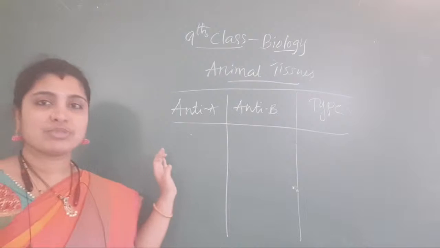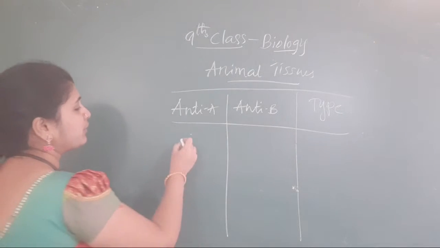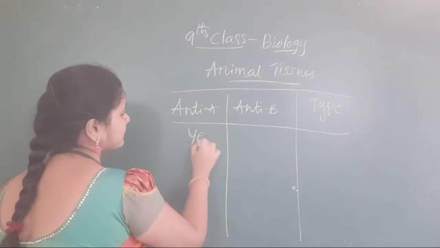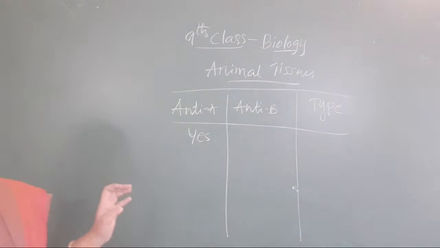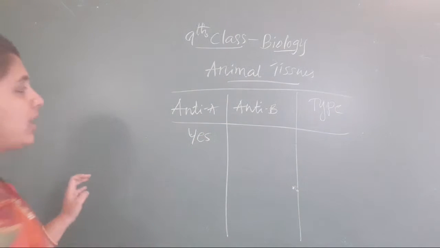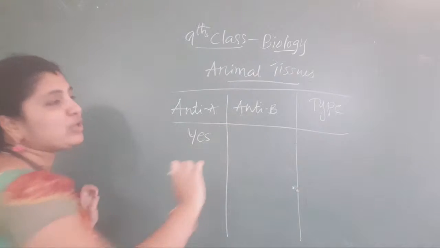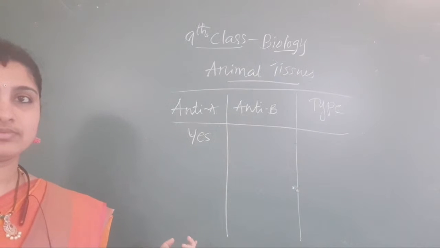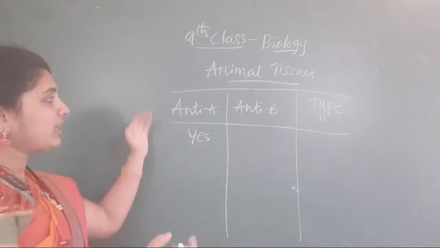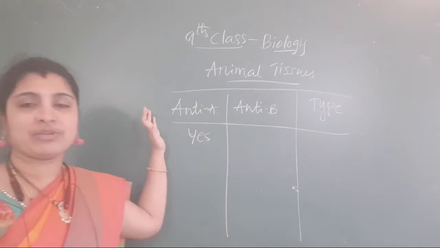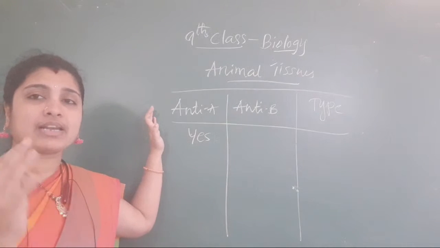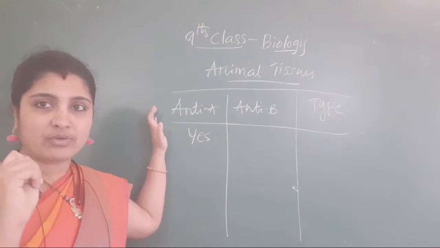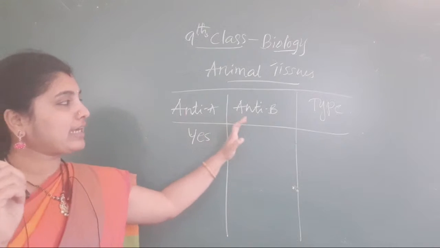If you see clumps in the anti-A, you have to write yes. But you are observing in the anti-B no clumps formed. While doing the experiment we have done three circles, but we are taking anti-A and anti-B now.